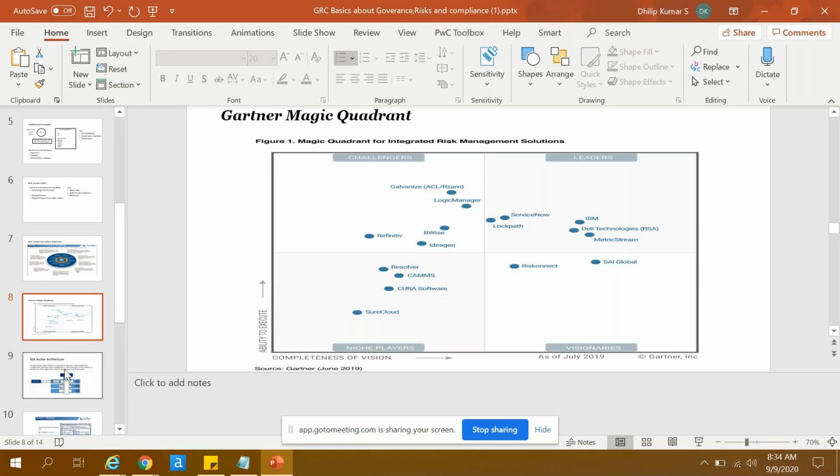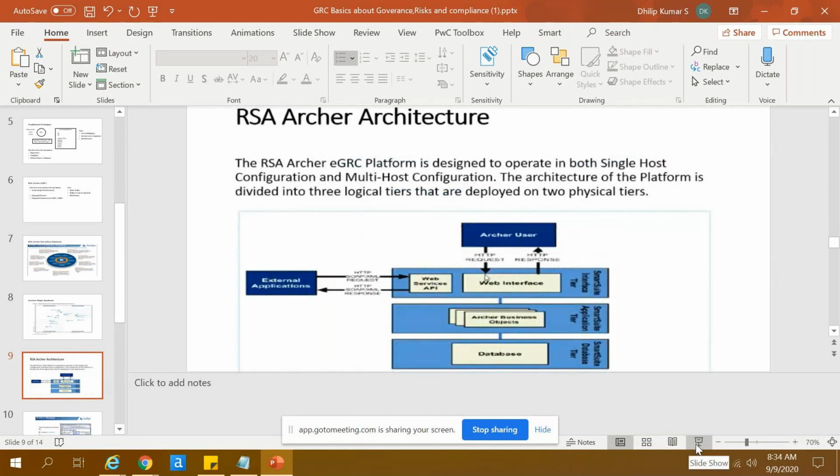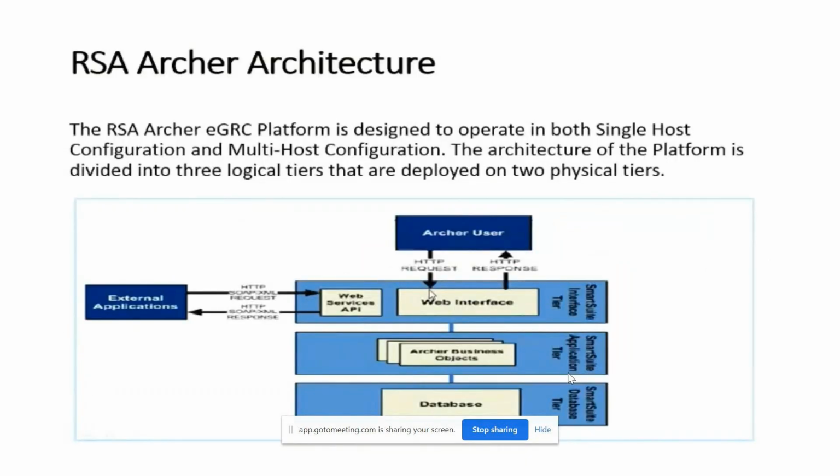And the next one is the architecture of Archer. It's a common architecture that most web applications use. I mean, it's simple. So external applications are linked. RSA Archer uses a database called SQL Server, and these three are logical tiers.